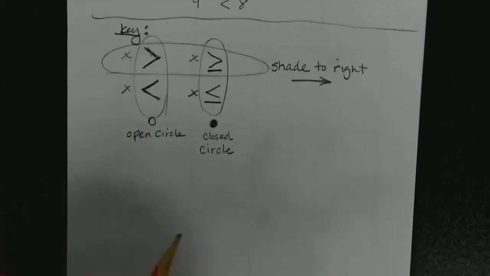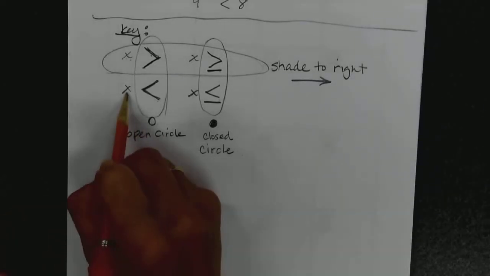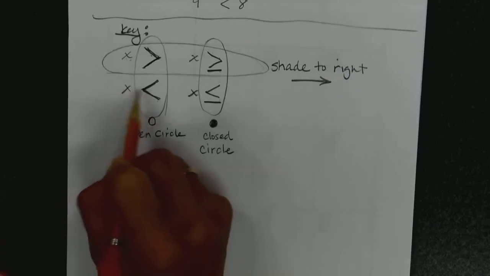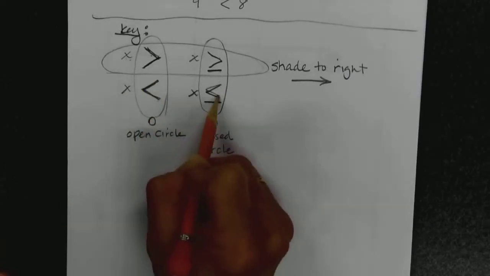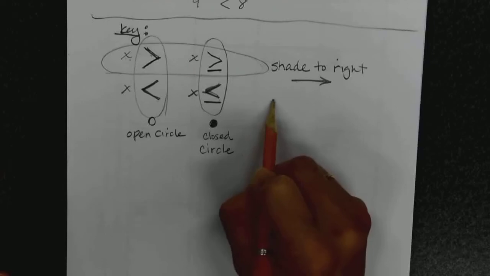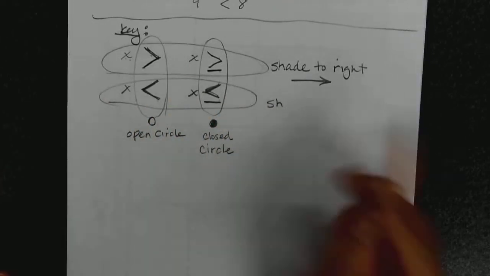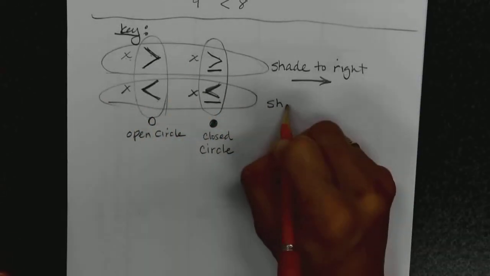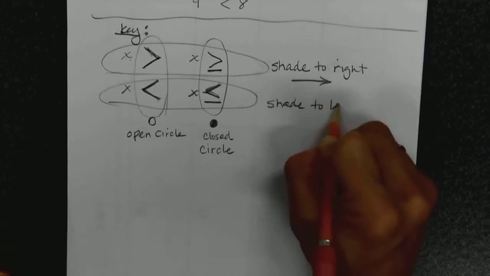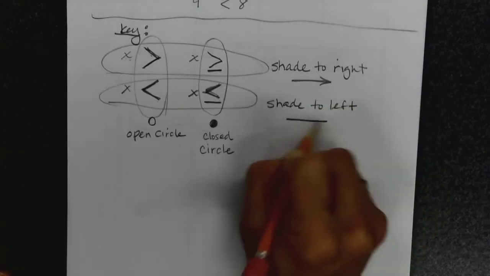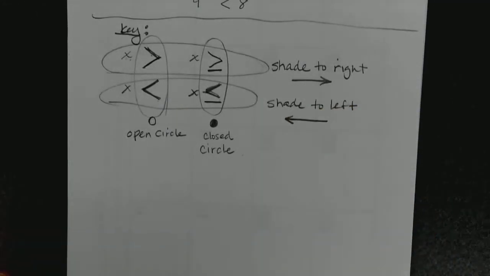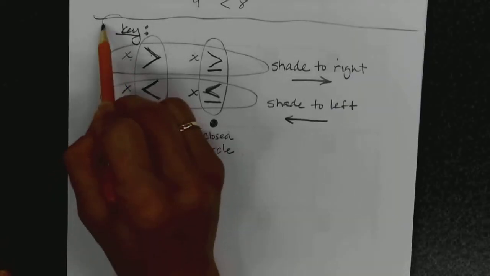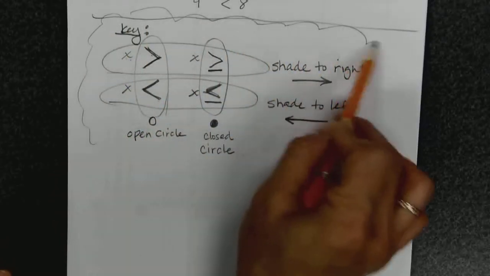And remember, the variable is on the left. So when the variable is on the left, if you see less than or equal to, because less than is the left side, we're going to shade to the left. Okay? That's how you're going to graph it. And if I give you a graph, you should be able to write an inequality also. But this is a key that you're going to use today. Okay? This is our key.